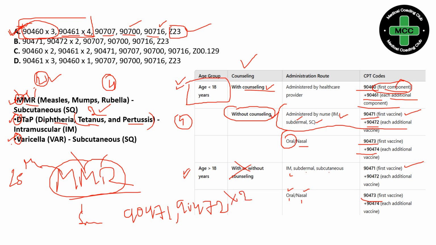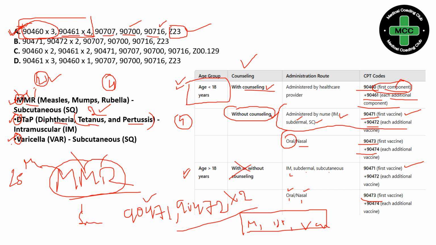The add-on code with 2 units you can give, and again the vaccine codes for MMR, DTaP and varicella. So you have to code both the administration and the vaccine code also. But you don't have to split when you are coding for 90471.